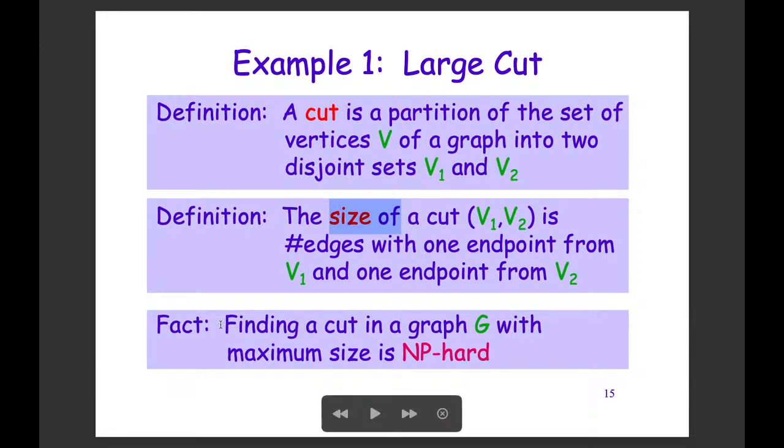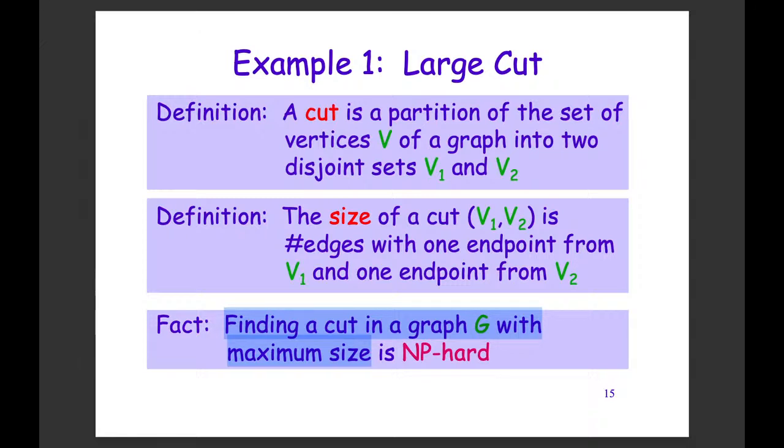And then it turns out that finding a cut that has the maximum size inside the graph is NP hard. So let me make a correction here. For this particular problem, we really want to divide the vertices into two groups such that there are many edges across the two groups.